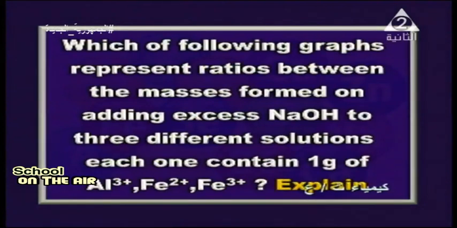Next question of graph. Which of the following graphs represents the ratios between the masses formed on adding excess sodium hydroxide to three different solutions, each one containing 1 gram of aluminium positive 3, iron positive 2, iron positive 3, and explain.